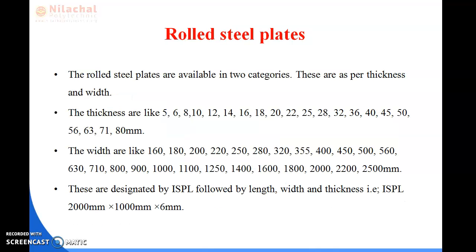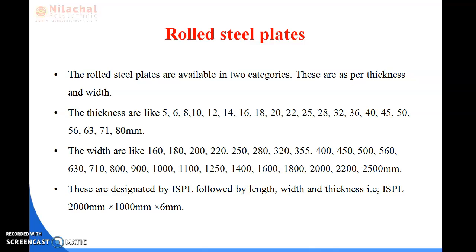So next is rolled steel plates. Rolled steel plates are widely used items in steel structures. They are used for connecting steel beams, tension members in roof truss, etc. They are designated by their thickness, which varies from 5 mm to 50 mm.